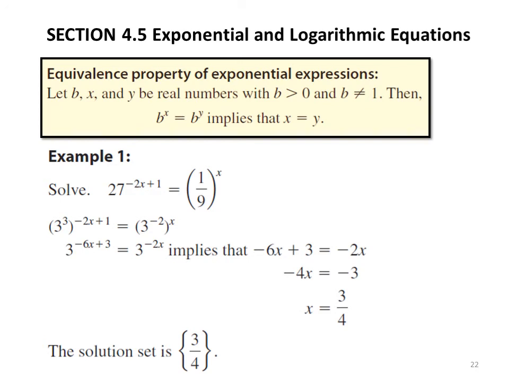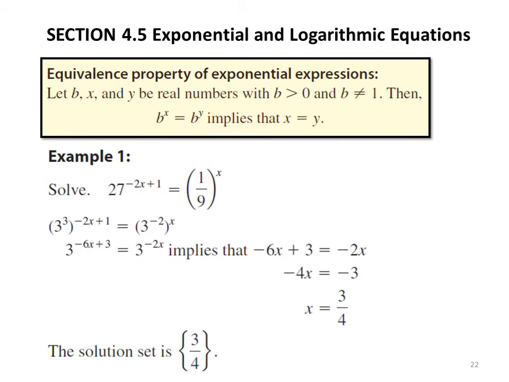This is now the same base, one raised to the power x and one raised to the power y. If those two quantities are equal, then the powers must be equal. If the base is the same, then the powers are the same. And you can use this to solve equations involving exponential terms, as we will see in example 1.